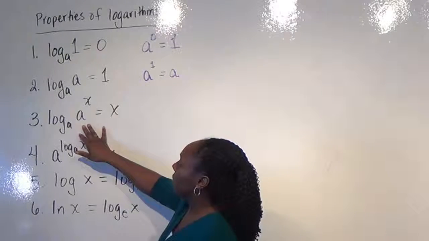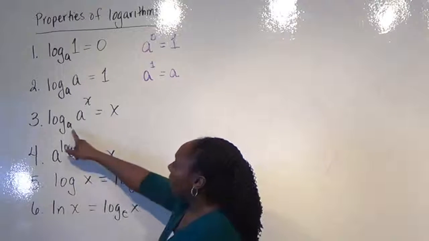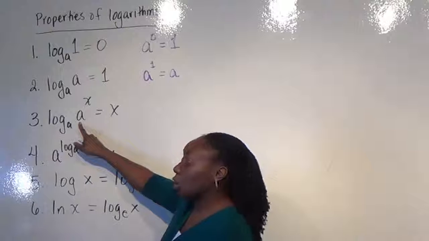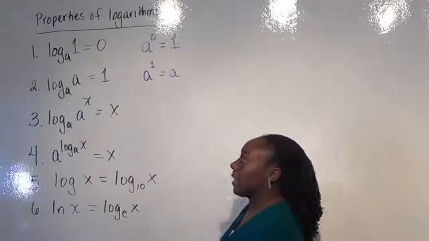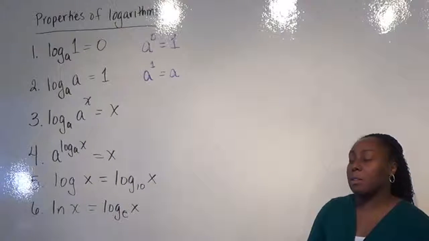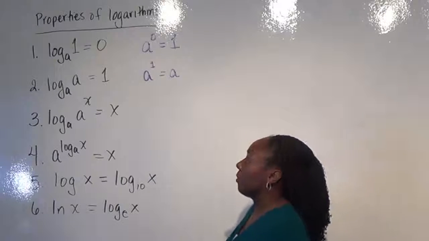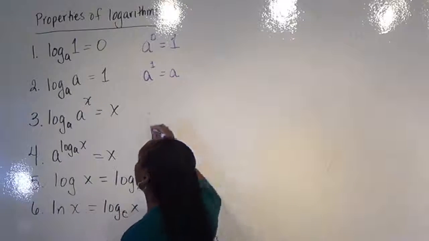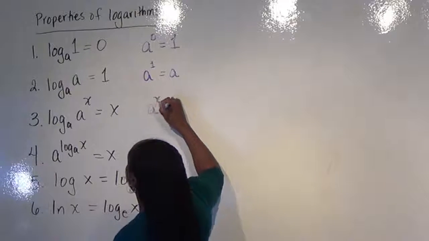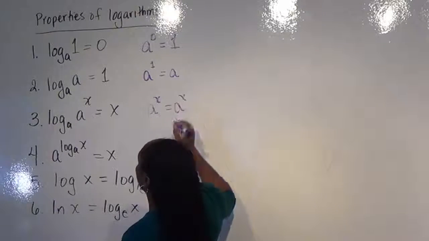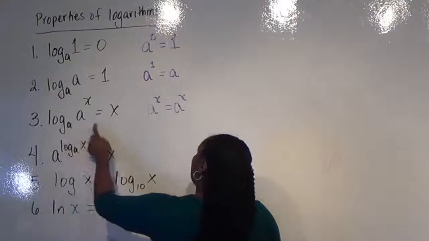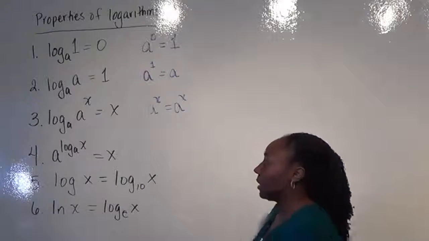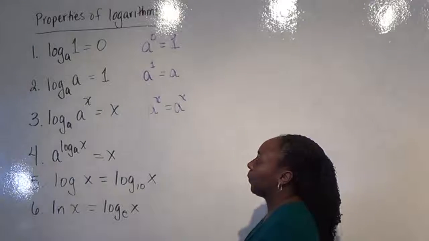And this basically just says that if the base in my logarithm is the same as the base in the argument, then whatever that exponent in the argument is, that is what my value of the logarithm is going to be. And again, if we look at it in the exponential form, it doesn't say a whole lot because it just says that a to the x is equal to a to the x, meaning this a to the x is equal to that argument. Okay, and we can see that that is definitely going to be true.